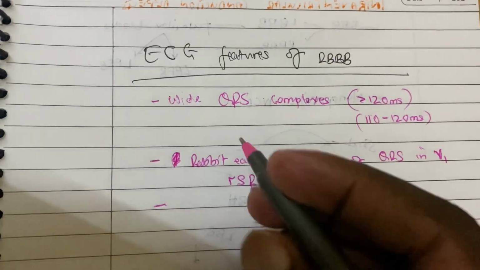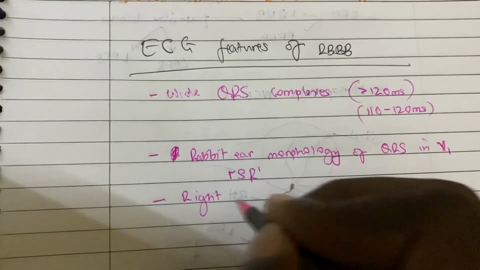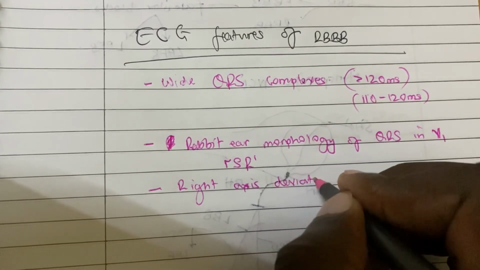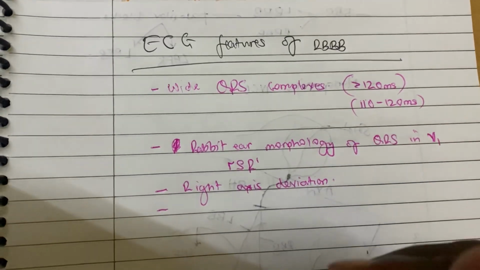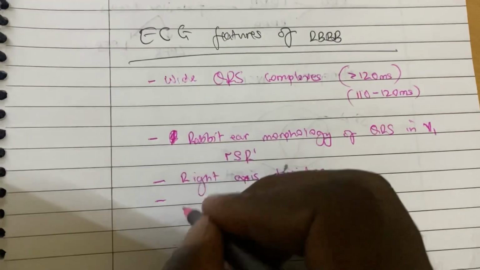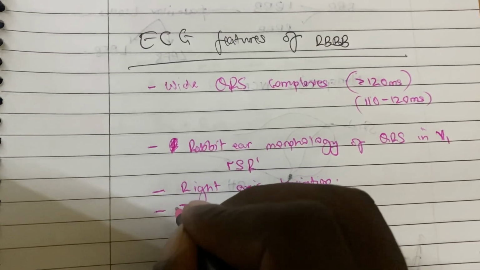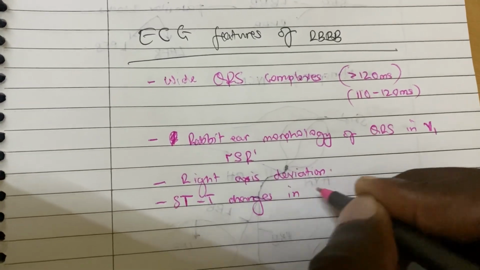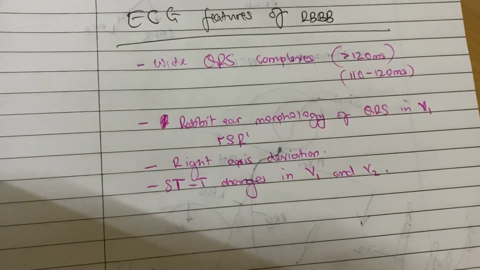Another one we need is right axis deviation. Right axis deviation should be there. And then another one should be ST or T changes in V1 and V2. Right bundle branch block can cause that.